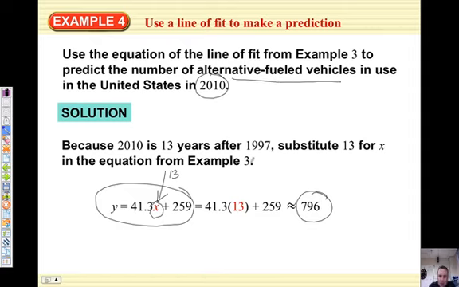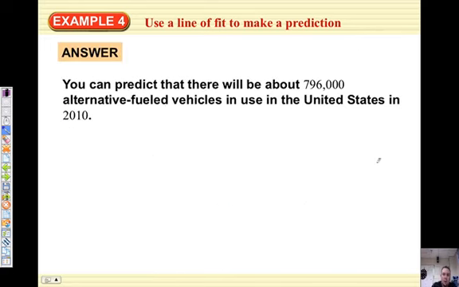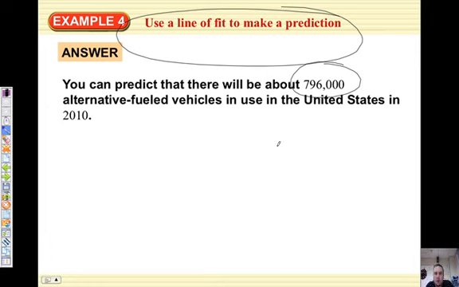Alternative fuel vehicles? Well, not exactly, because Y was the number of 1,000 alternative fueled vehicles. So really it's 796,000. There's your answer. We use those equations, those best fit lines, to make a prediction. That's the whole purpose of them.